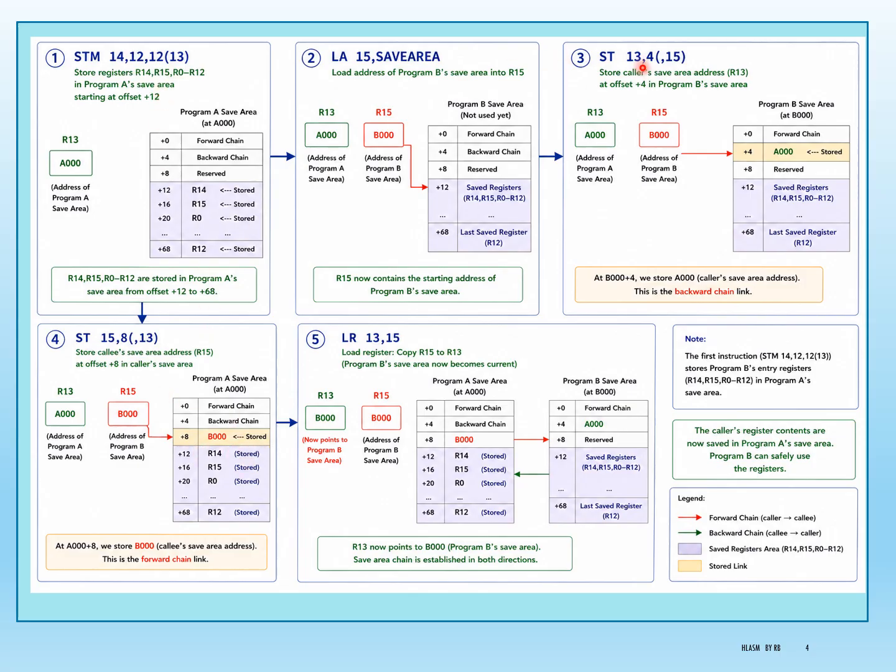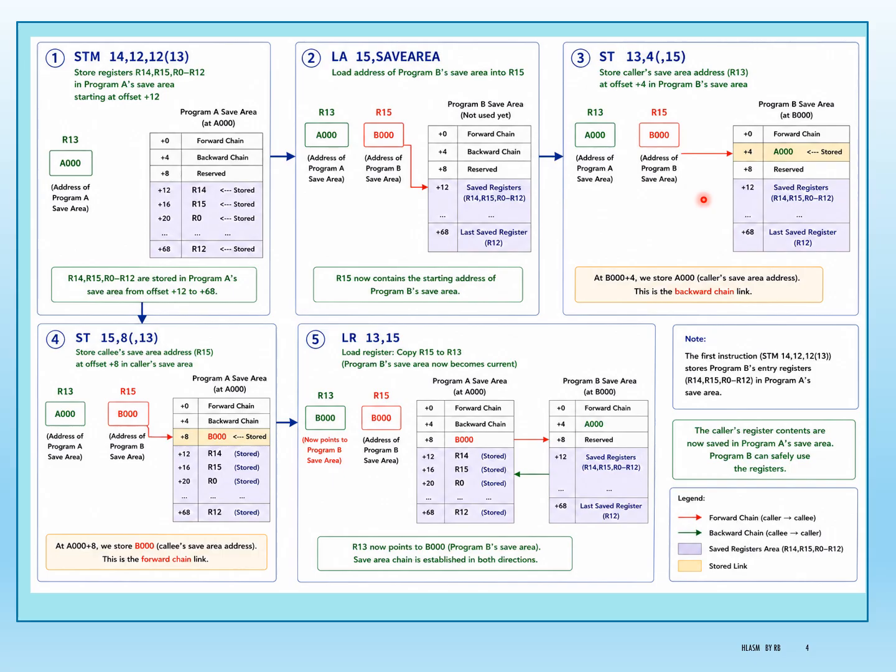What I'm doing fundamentally is that I am taking the save area address of program A and storing it in my current save area at +4, and I am taking the save area address of program B and putting it in the save area of program A +8.